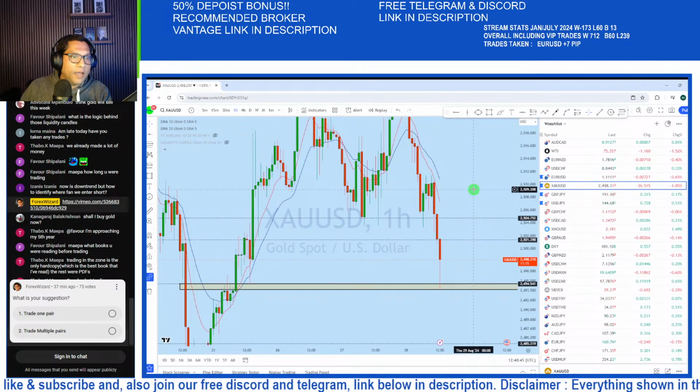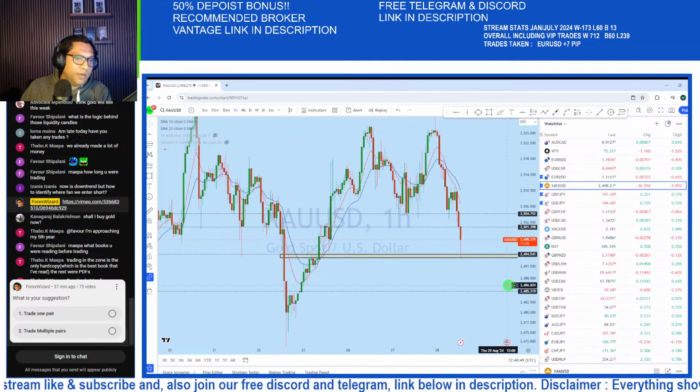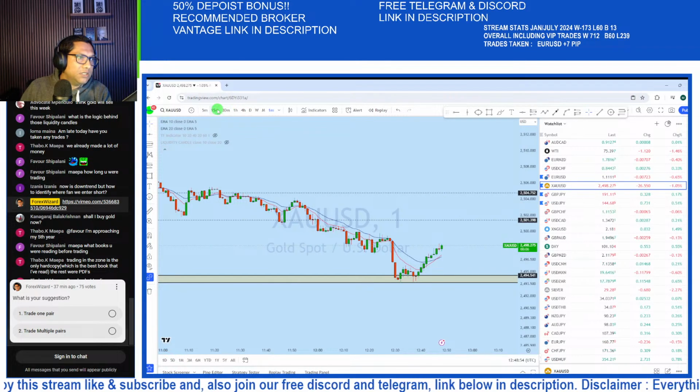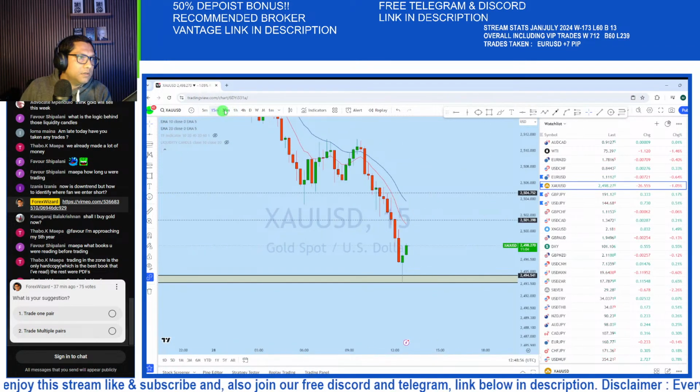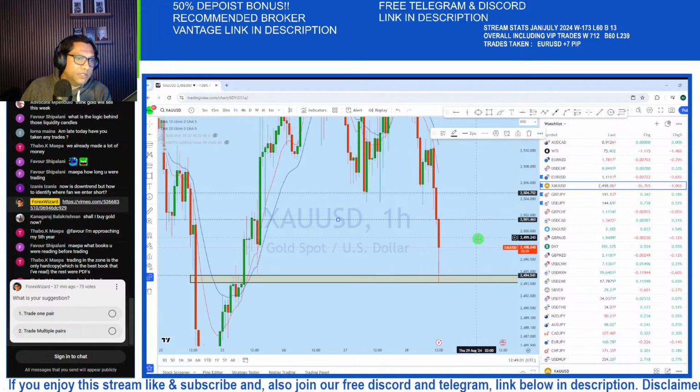Okay. Let's wait for the entry on gold from this support. Ultimately, it's bouncing back to the resistance. Okay, so this is the 1 hour resistance line.